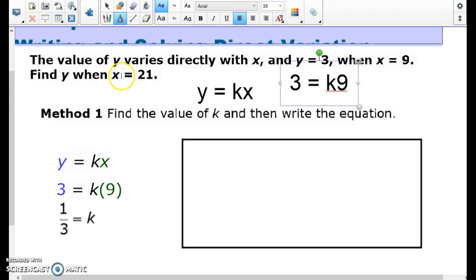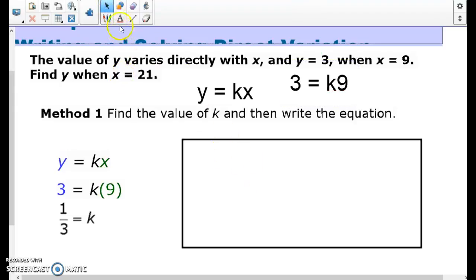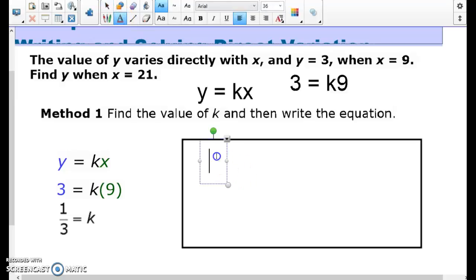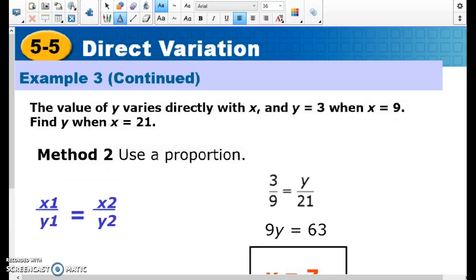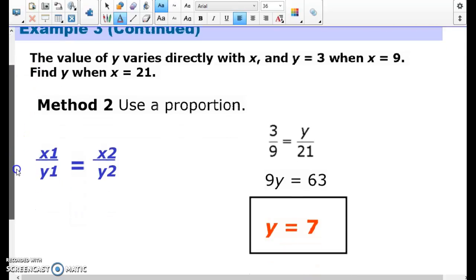Then I'm going to plug in 21 for my x there, and since 21 is my x now, I'm solving for y, so y equals 1/3, because we figured out that's what k was, times 21, which would end up giving me 7. So then I would find out that my second y would be 7.